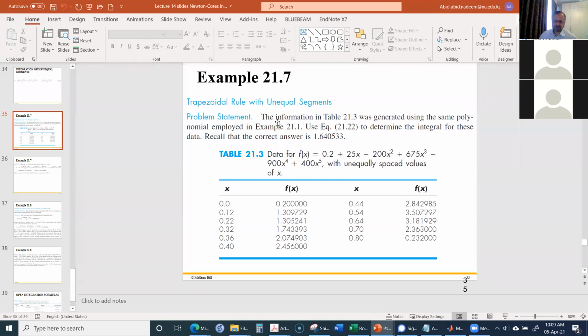Because this is the same data for the example as we did before, the correct answer was 1.64. So if we find the percentage difference from 1.640533, that will be 2.8%.